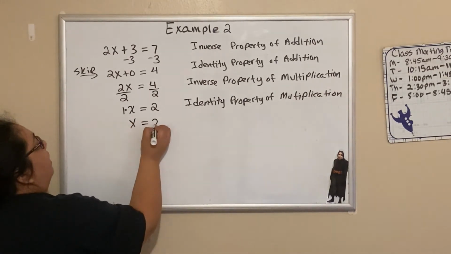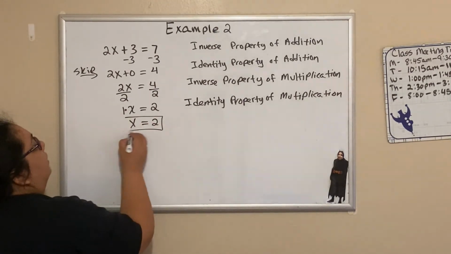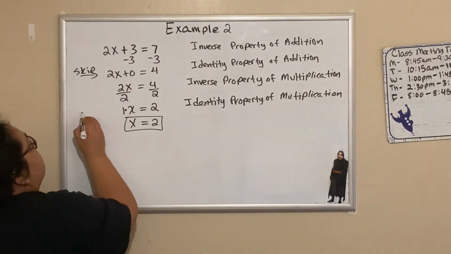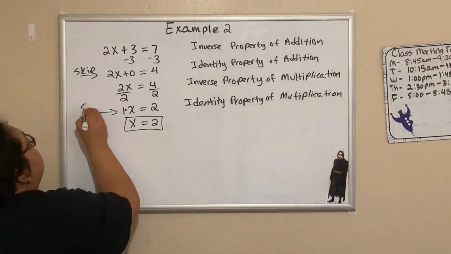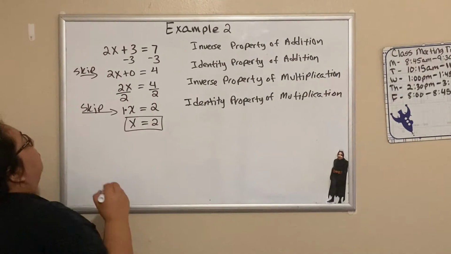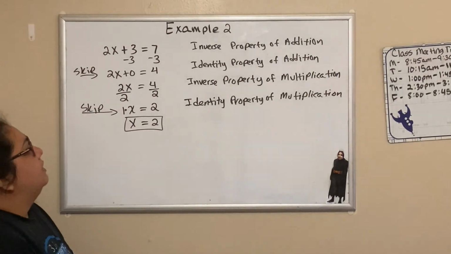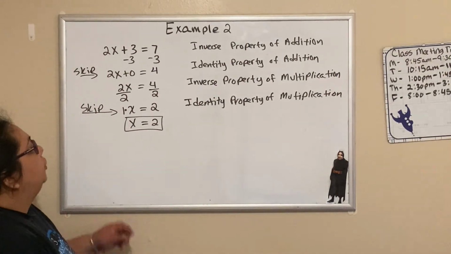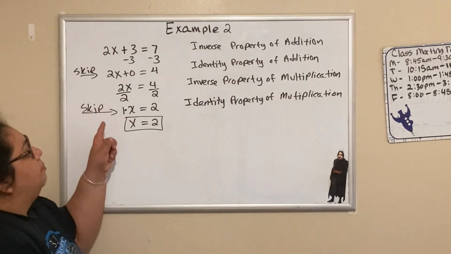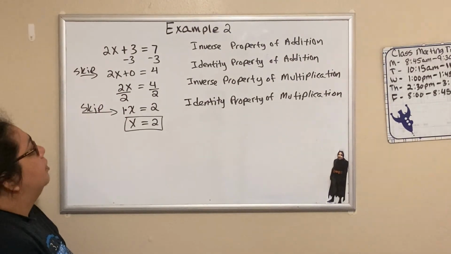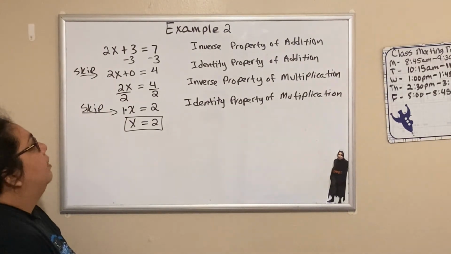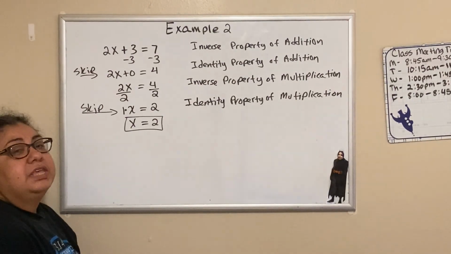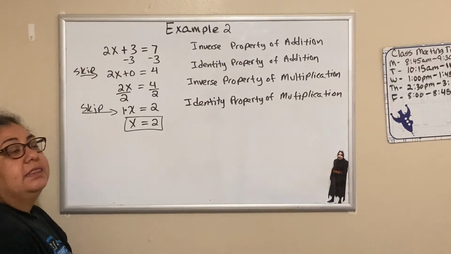So this is just x equals 2, and there's our solution. Once again, this identity property, we normally skip this step. Okay, so in the next example, I'll show you a little bit with the identity properties, but I'm going to skip them for the most part. So feel free to go to the next video in this series.